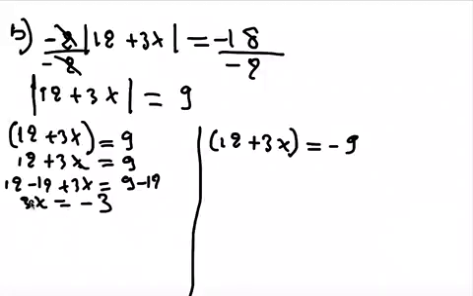How can we get x alone? We have to divide by 3 on both sides also, the same way we did on the first one. Negative 3 divided by 3 on both sides. 3 and 3 can be cancelled out. X is equal to negative 3 divided by 3, that's negative 1.